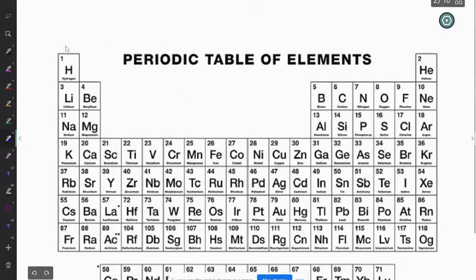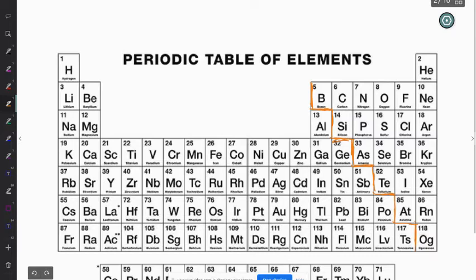Another thing you want to know is that we have a bunch of elements and we arrange them into this periodic table. We're not going to use most of these elements in this class, so that's good. But one thing that's useful to know is that generally we think of there being kind of a division among the elements. And I'm drawing this as if it's a hard line, but it's really a soft line between what we call metals and what we call nonmetals.